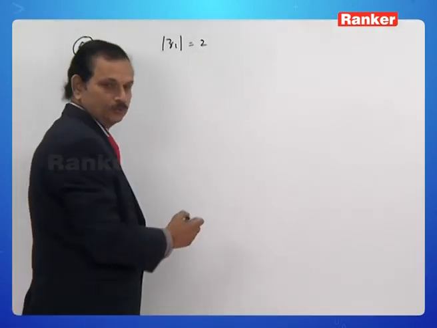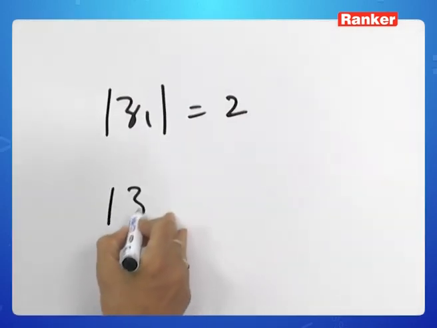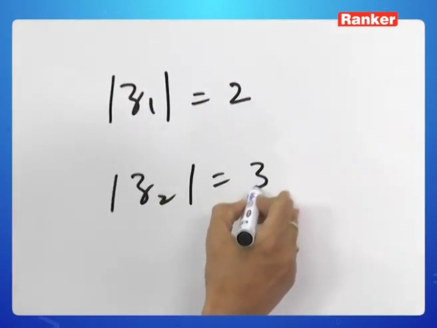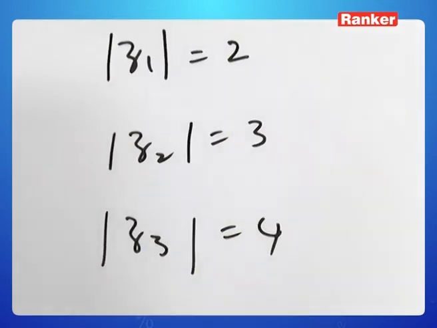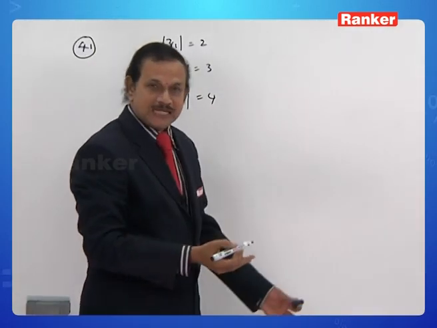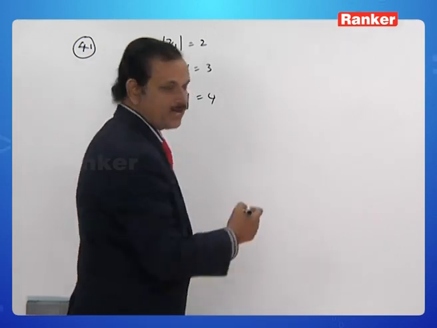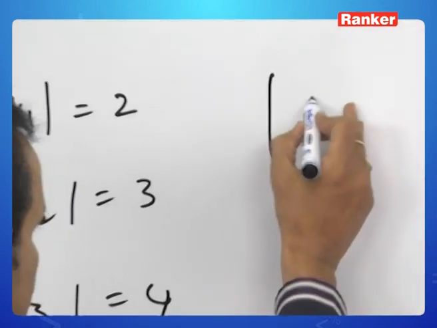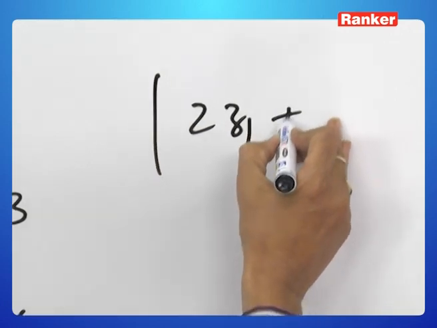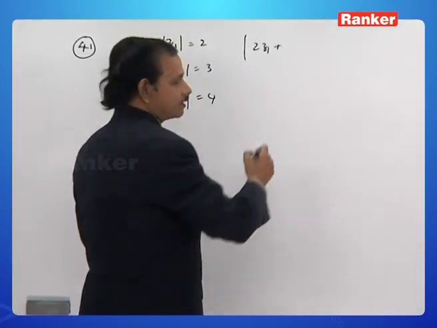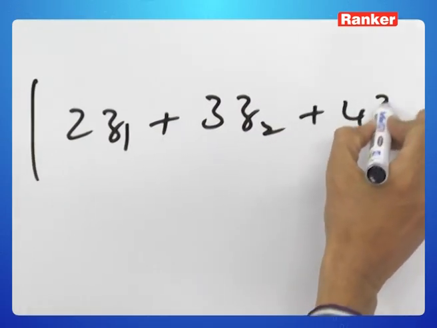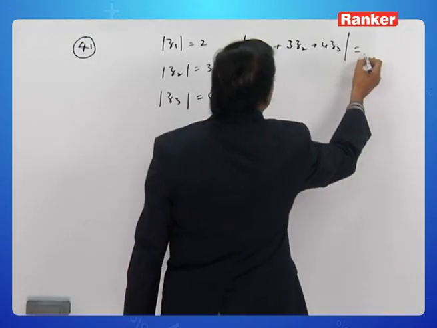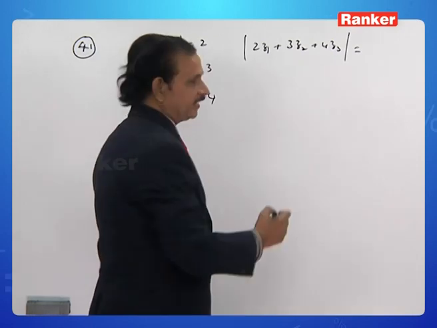Okay, he has given mod Z1 is equal to 2, mod Z2 is equal to 3, mod Z3 is equal to 4. Besides these, he has given another lengthy information also, that is mod 2Z1 plus 3Z2 plus 4Z3 is 4 again.